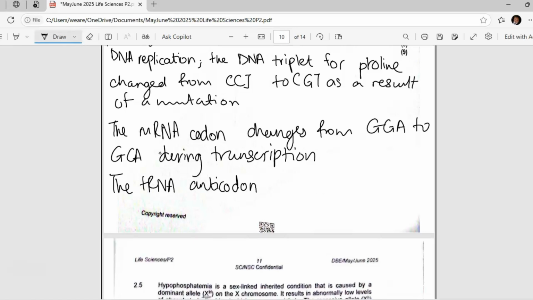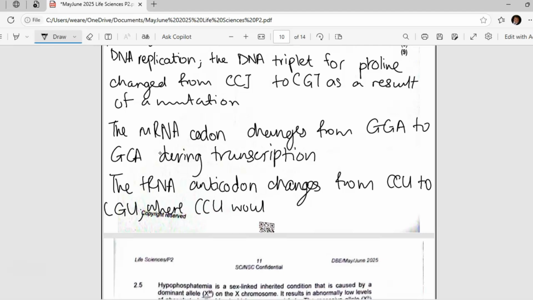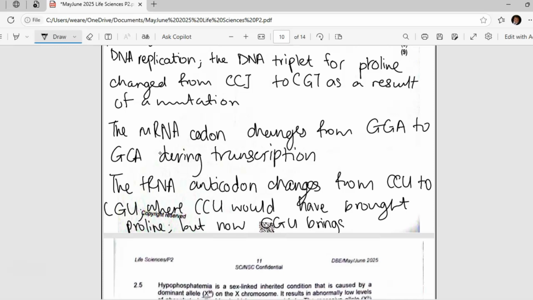So the tRNA anticodon changes from CCU to CGU, right? Where CCU would have brought proline, but now CGU brings arginine, right? It now brings arginine.